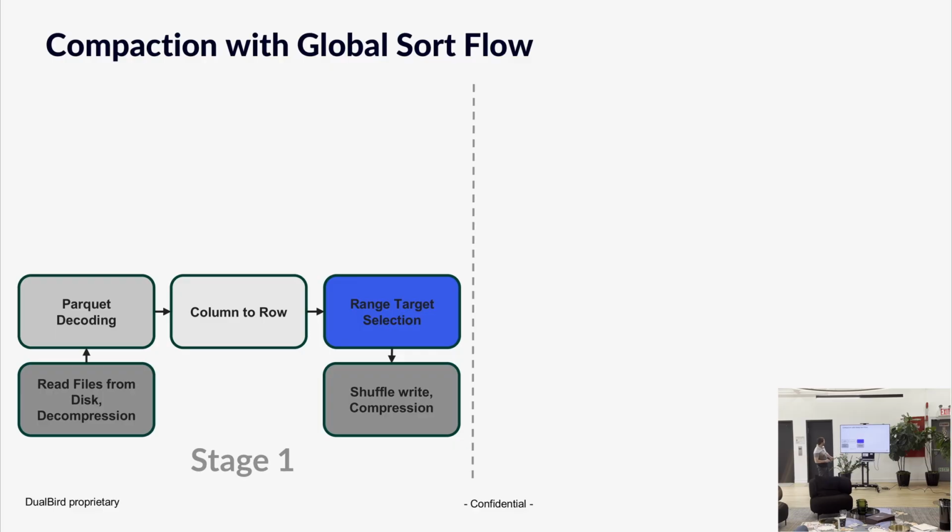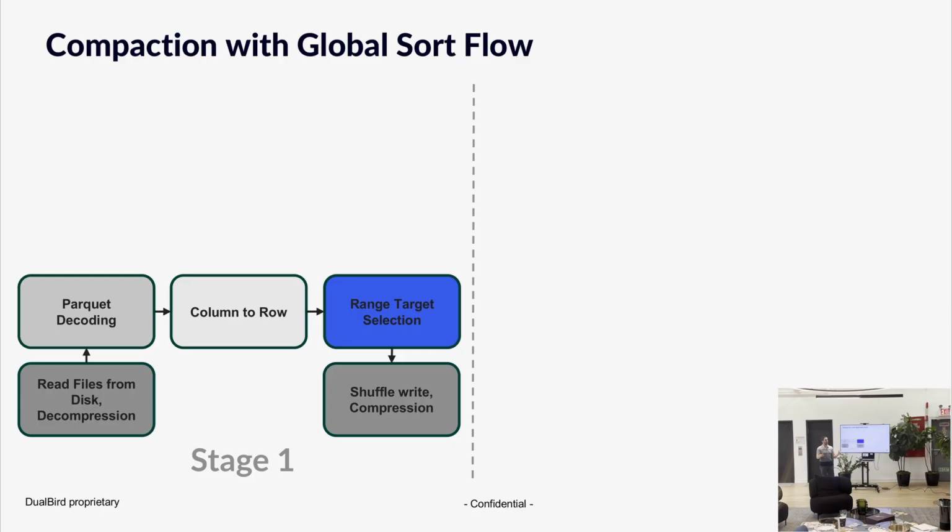So you start by reading the data from disk, doing decompression and Parquet decoding. Because Parquet is columnar, but Spark operators' implementation is row-based, you have to do column to row, which is another operation. Now, finally, you're ready to start dividing the data into ranges, to do target selection.